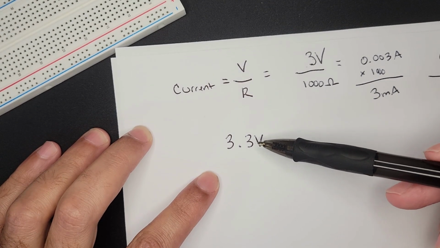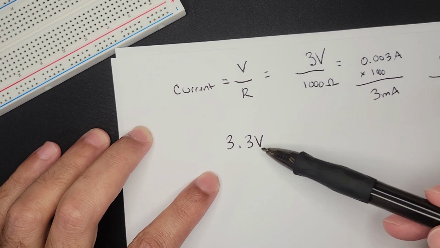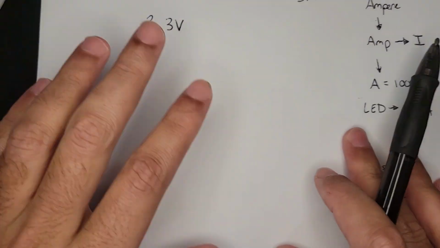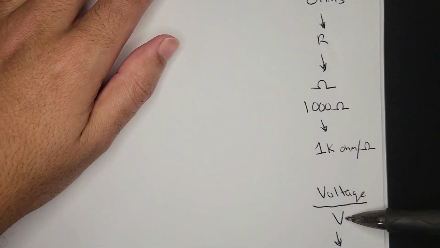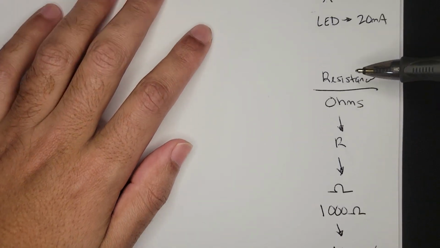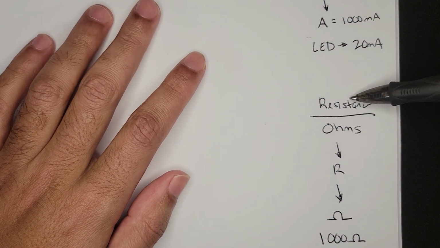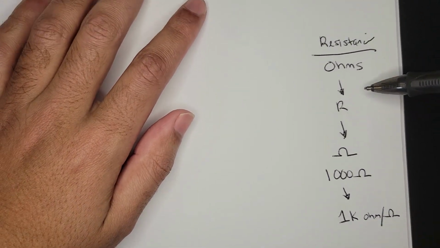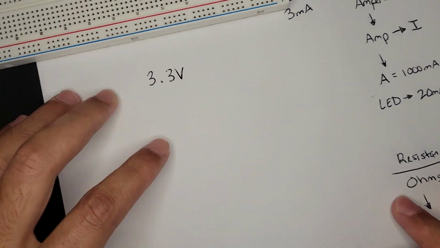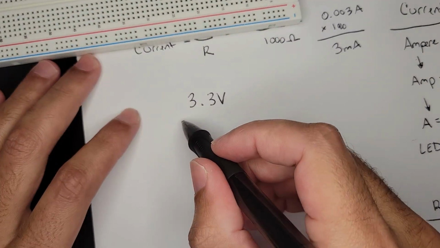We can basically calculate the current because we know 2 things. We know the voltage is 3.3 volts running through it, and we know the resistance value because it's written on the packaging. It's 1,000 ohms, and we can also measure it. So if we have the voltage and the resistance, then we can do a division.